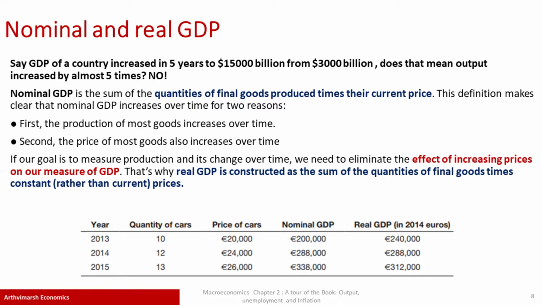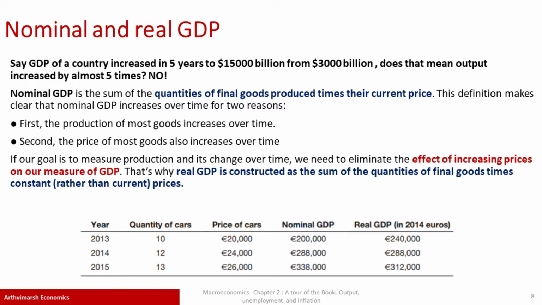If the economy produced only one final good, let us say a single car model, constructing real GDP would be easy. We would use the price of the car in a given year and multiply by the quantity of cars produced in each year. An example to illustrate is as follows.